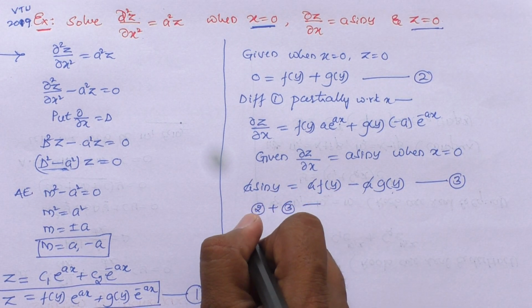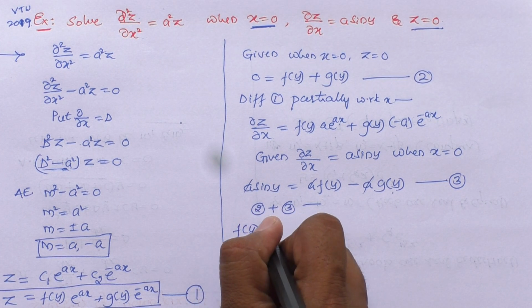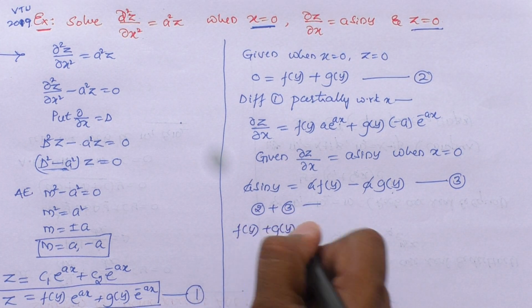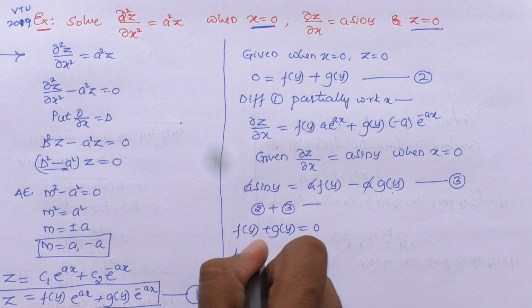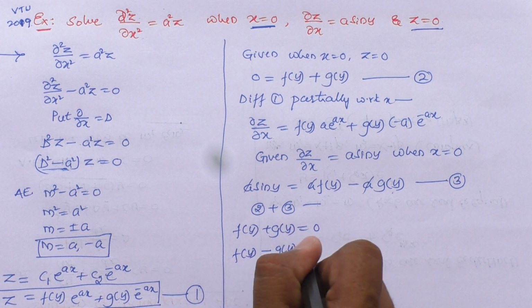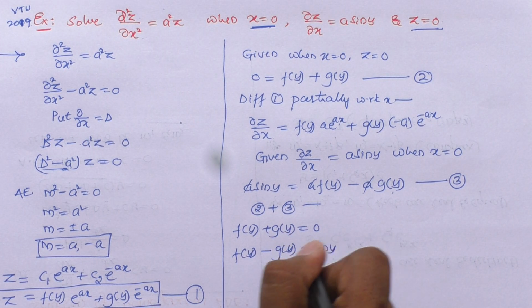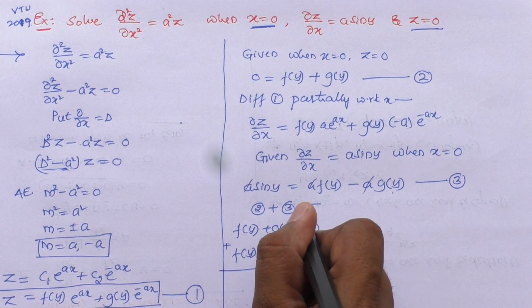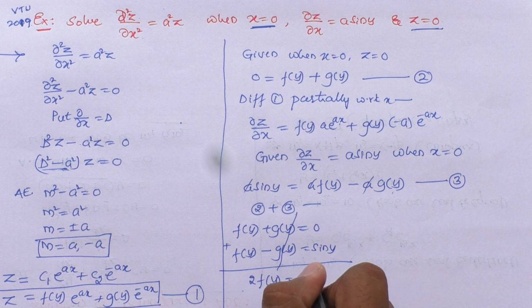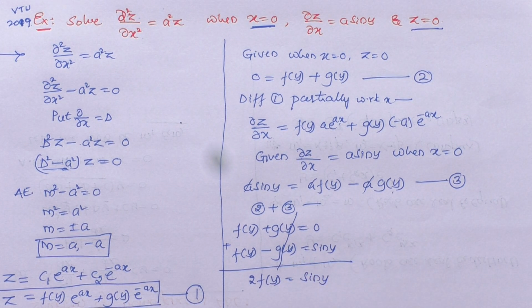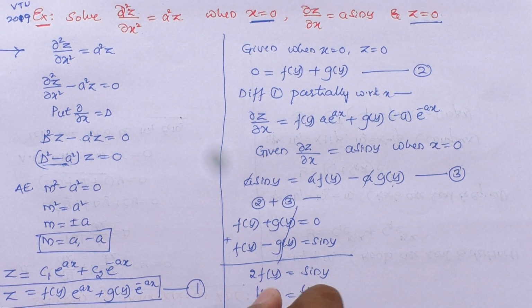Equation 2 is f of y plus g of y equal to 0, and here f of y minus g of y equal to sin y. When you add, g of y and minus g of y get cancelled, 2 times f of y equal to sin y, or f of y is sin y by 2. So this is what we get.